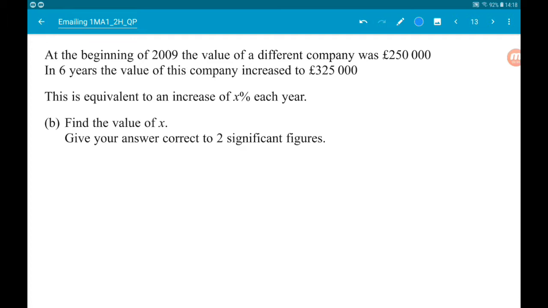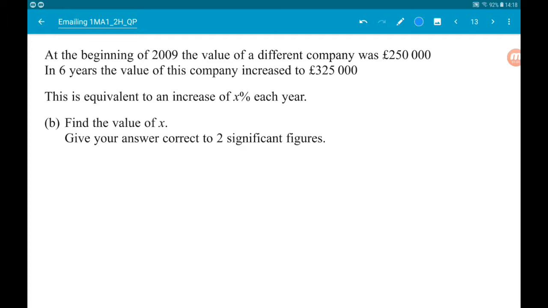Okay, so just as we did above, we would find the value of this company in 6 years. We would do 250,000 times some decimal multiplier to the power of 6, and that would give us £325,000.